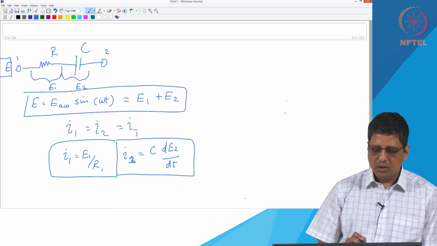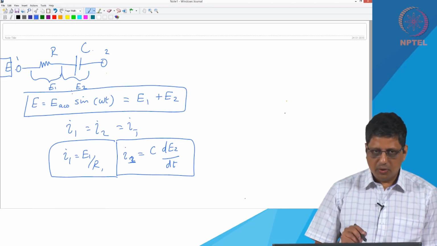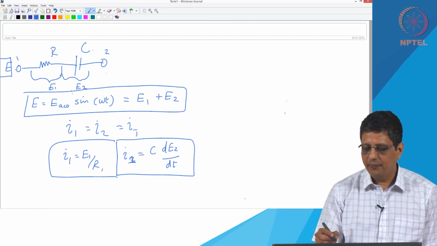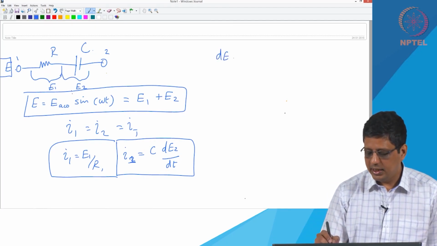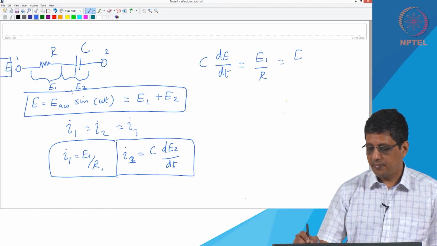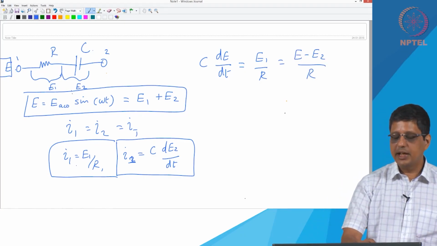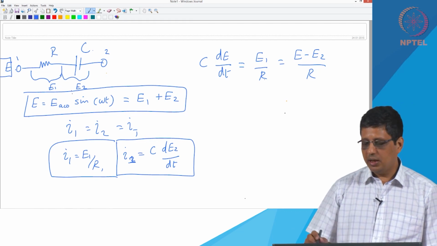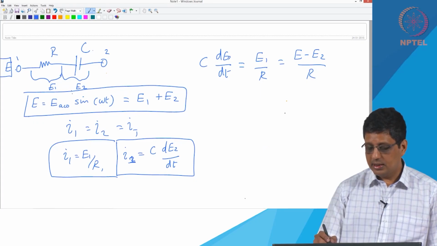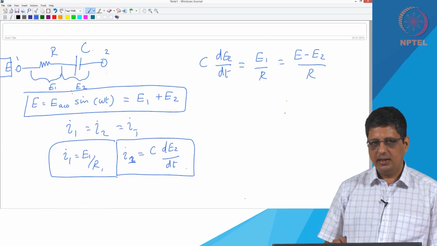Okay. Now, what I want to do here is to first get a value for E2. I want to write dE2 by dt. I1 is same as I2, therefore, I will write it as E1 by R, I will write it as E minus E2 by R, this is dE2 by dt, correct.